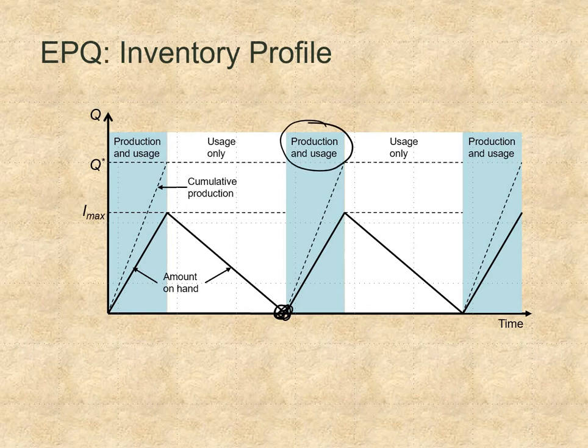At the same time, even during this production stage, we have usage. So we have the production and usage stage. After the total production reaches a quantity Q again, we stop and it gets into usage only stage. So again, the amount on hand will keep dropping in the usage only stage.